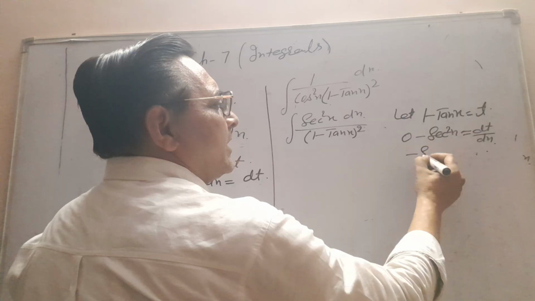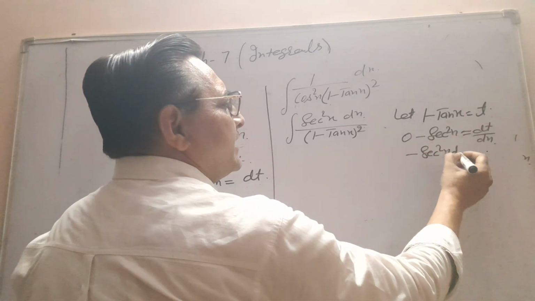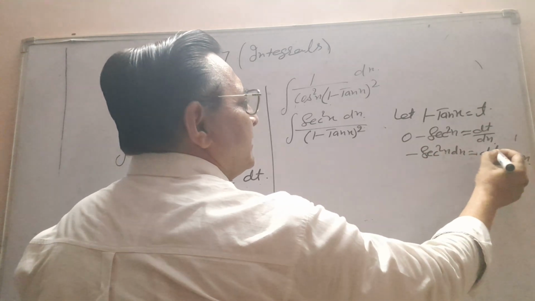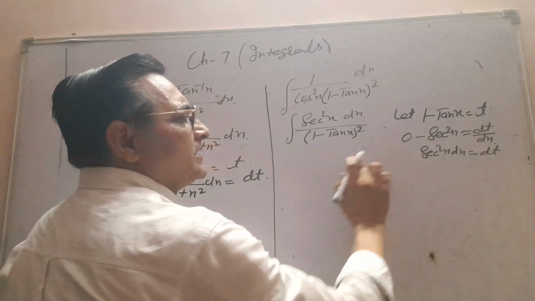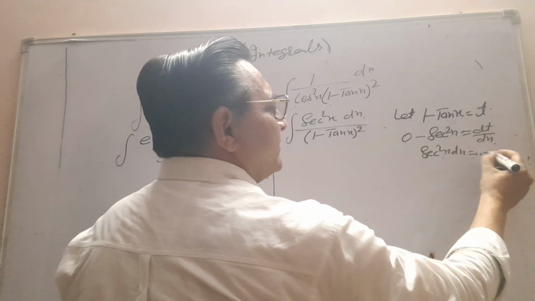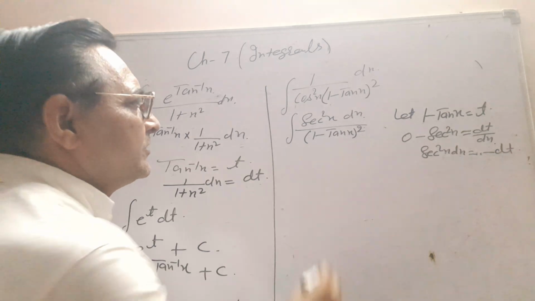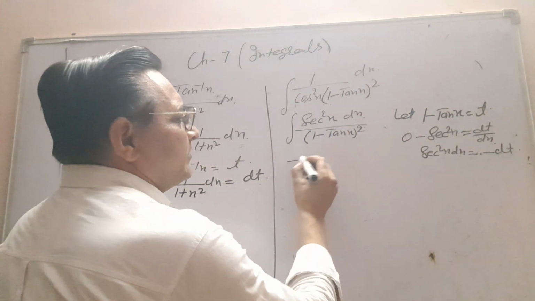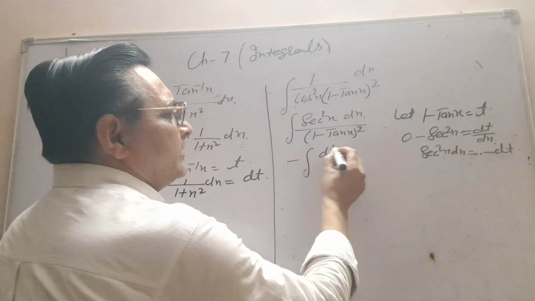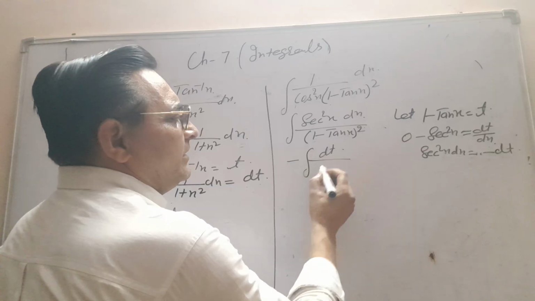So this will be minus secant square x dx is equal to dt. So you can write from here this negative sign with the right hand side, minus dt. So this secant square x dx will be minus of dt by, this function will be t, so this will be t power 2.